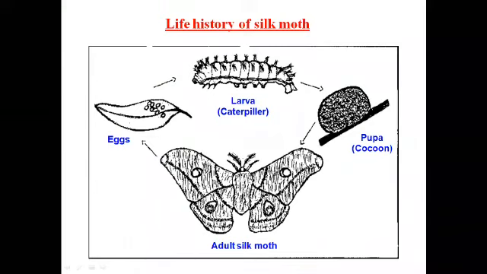This caterpillar gets hidden in the cocoon, which is spun by the caterpillar itself, and this stage is known as pupa. After a few weeks, when the cocoon opens, the adult silk moth comes out.